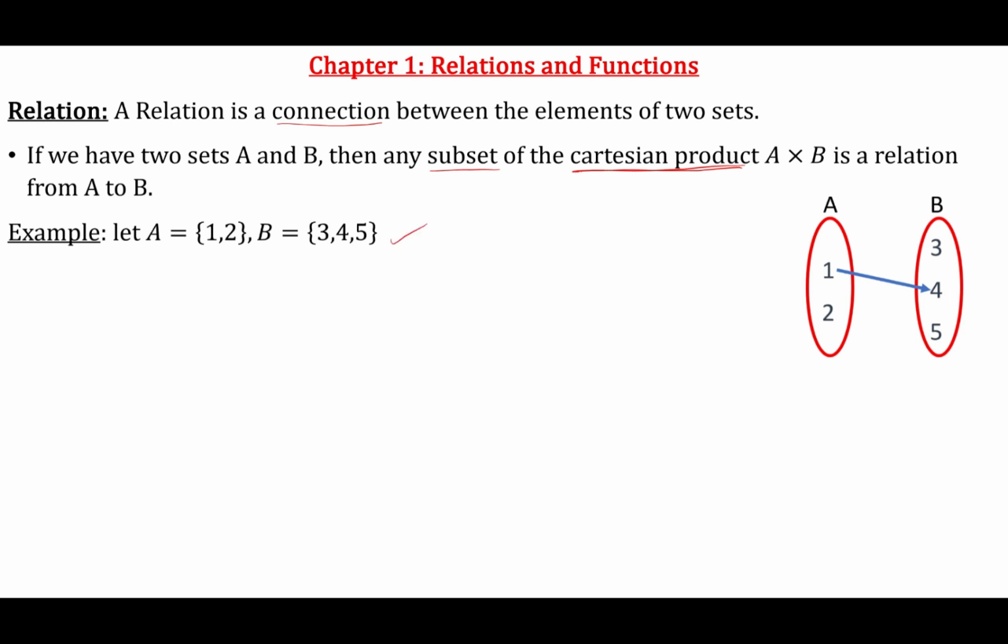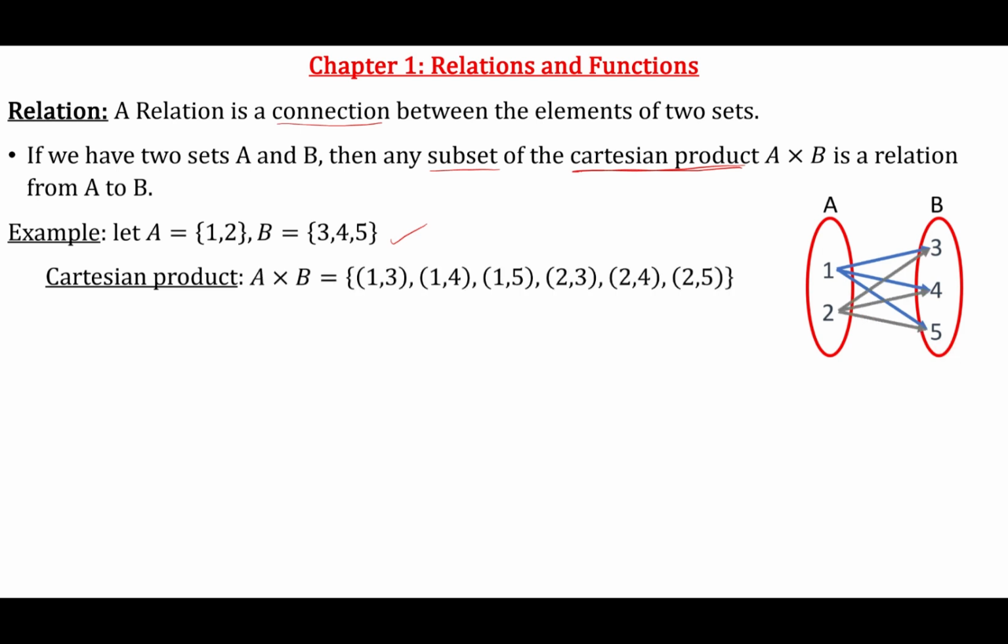The Cartesian product is all possible ordered pairs: 1 with 3, 1 with 4, 1 with 5, and 2 with 3, 2 with 4, 2 with 5.